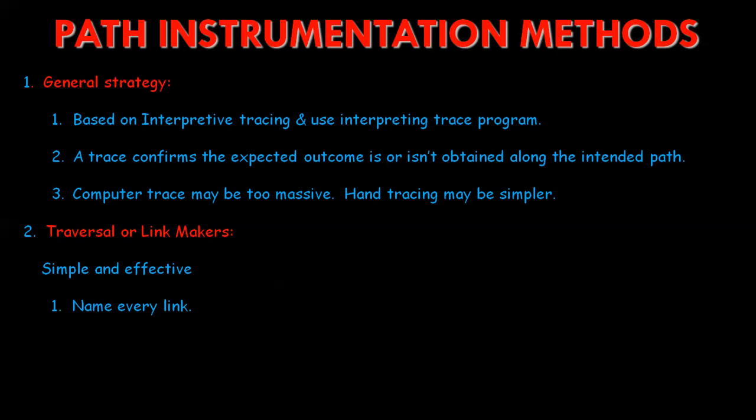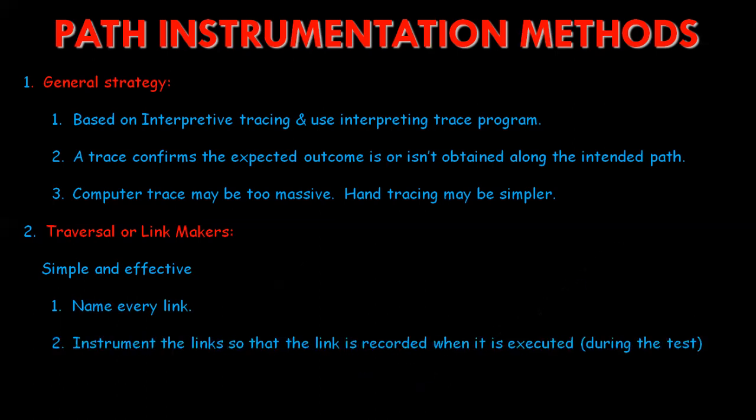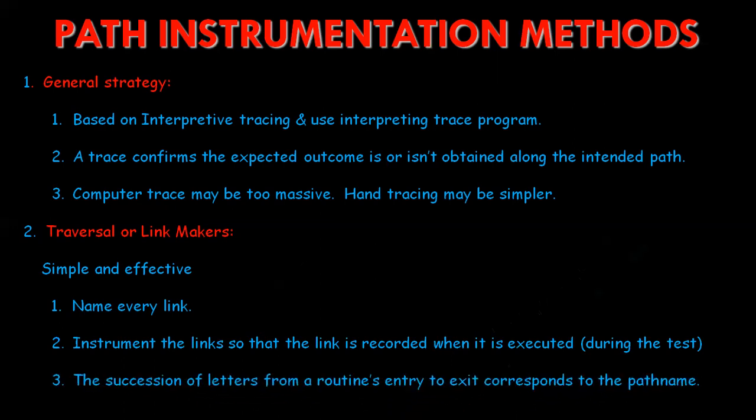So we have to record the links. The succession of these letters produced from the routine's entry to its exit should confirm that there are no bugs and exactly correspond to the path name.